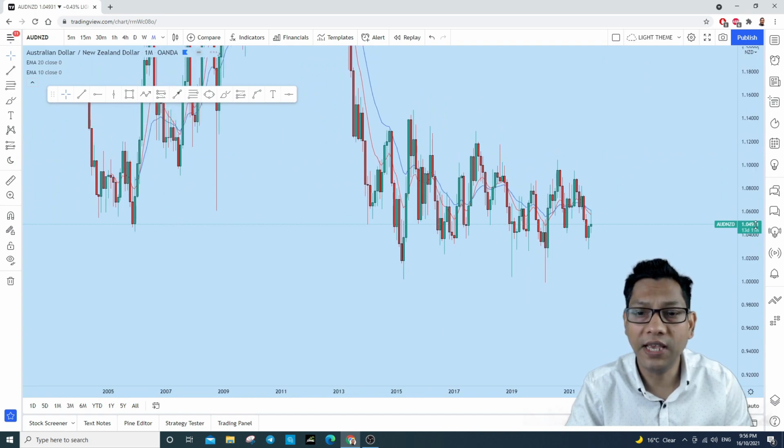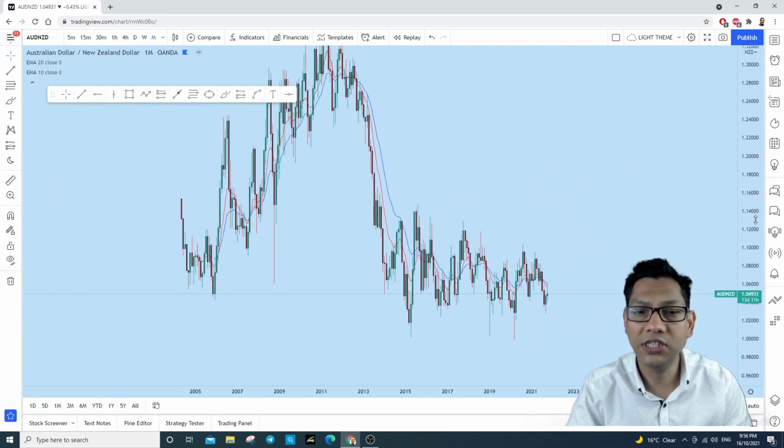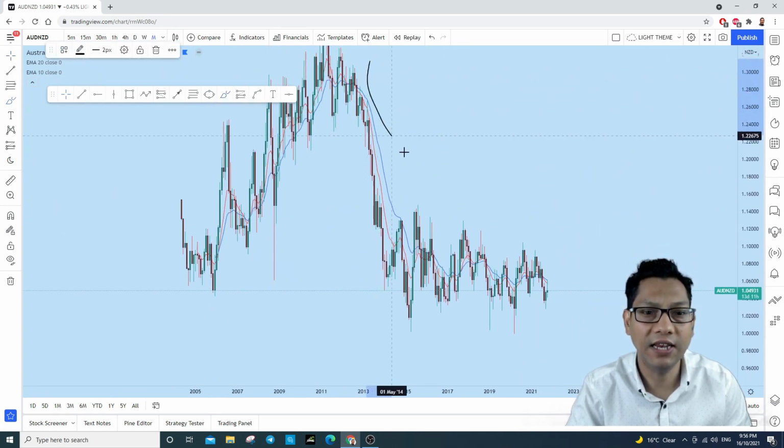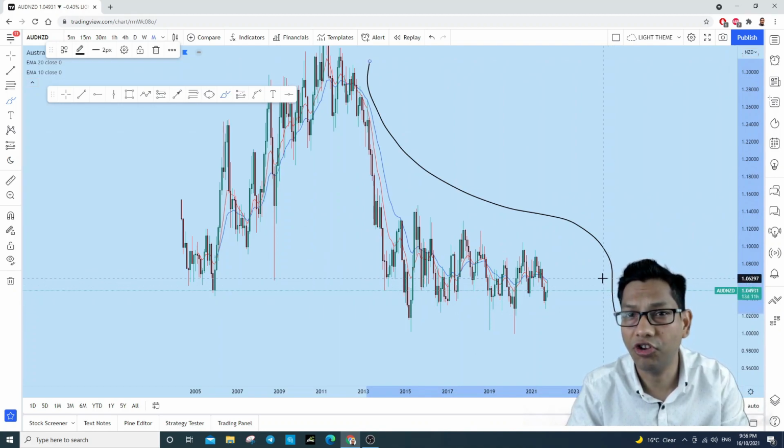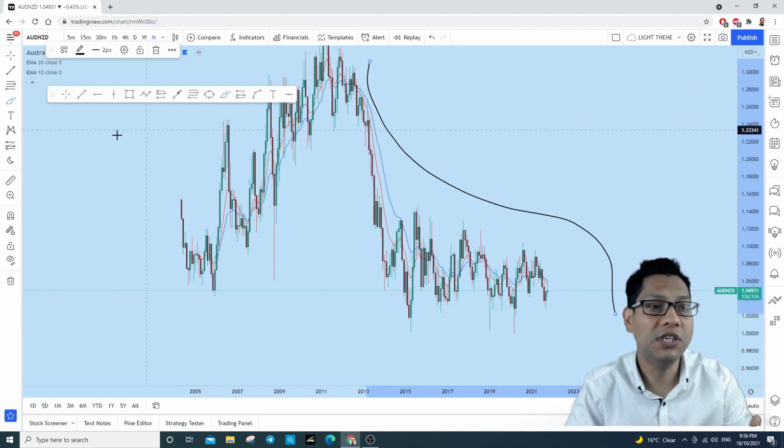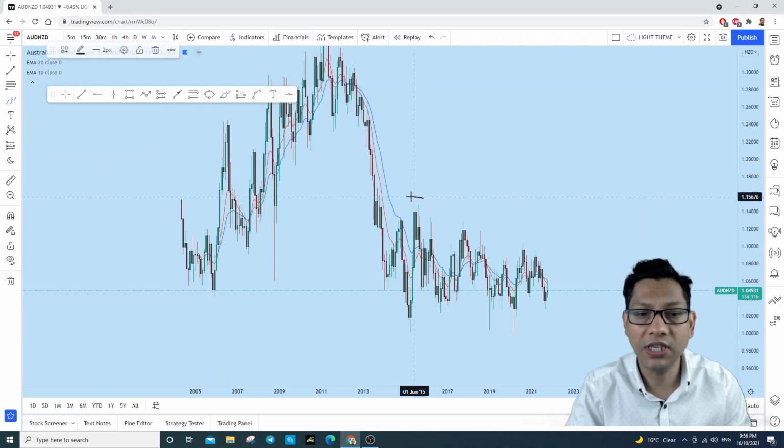So AUDNZD on the monthly, what we see historically is a downtrend. Now if you see the further bigger picture, every time AUDNZD on the monthly is creating a lower high.